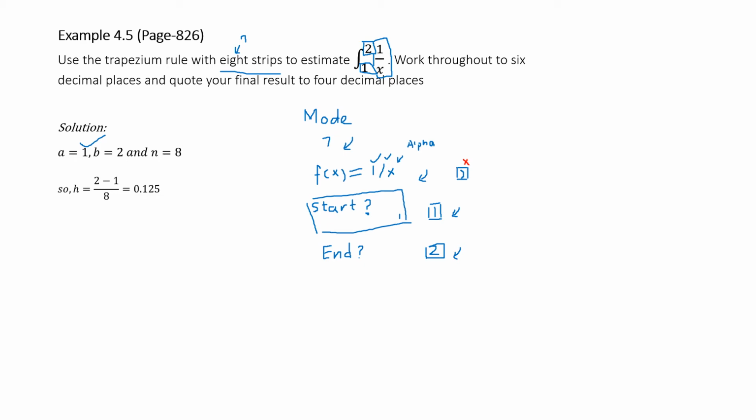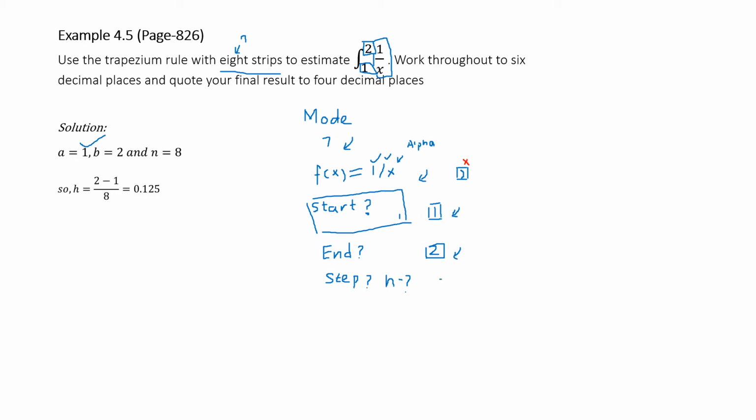After typing this, the calculator is asking one more thing, which is step. Step means the width, or h actually. This is asking about h. So how much is h?